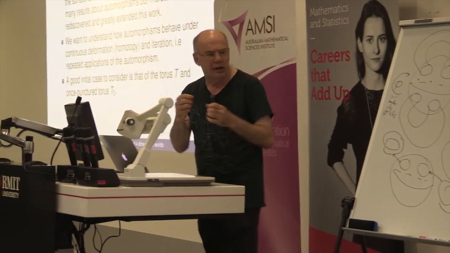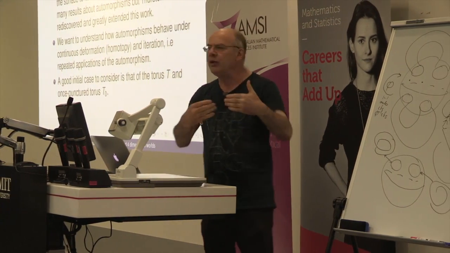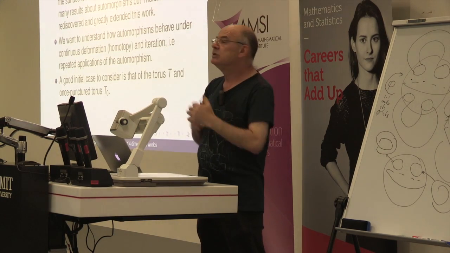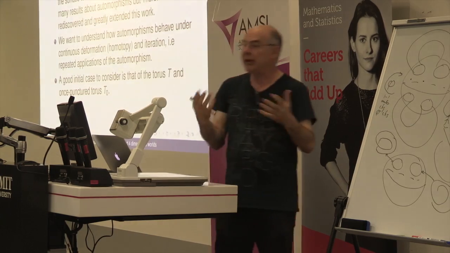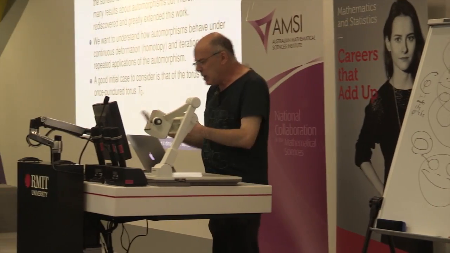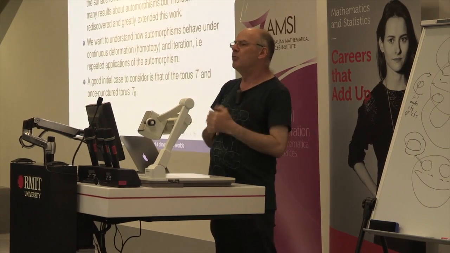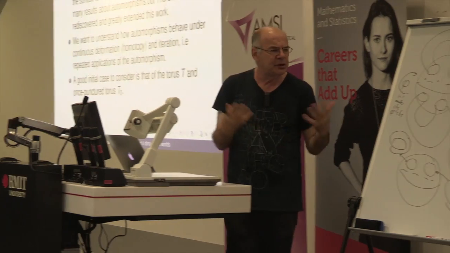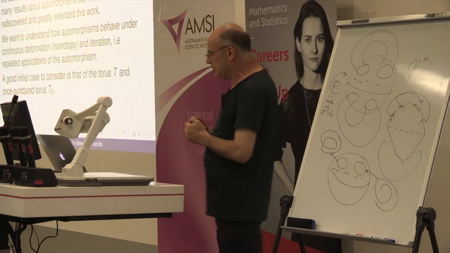Otherwise, you can just think of moving the images of the points continuously a little bit, deforming the map through another homeomorphism. So we don't want to just look at all homeomorphisms. There are way too many. We'd like to classify them up to continuous deformation.